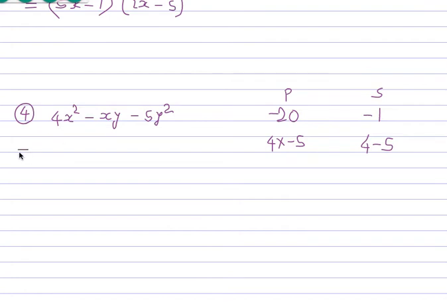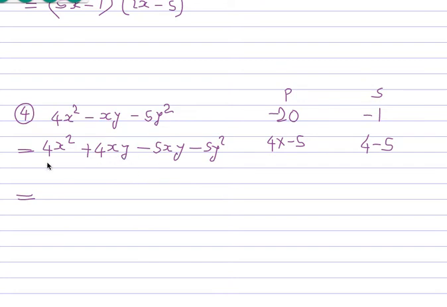Okay, just write the first term as it is, last term as it is, and factorize the middle term. So 4 and negative 5, but here xy. Okay, so plus 4xy, negative 5xy. Okay, now we got 4 terms.